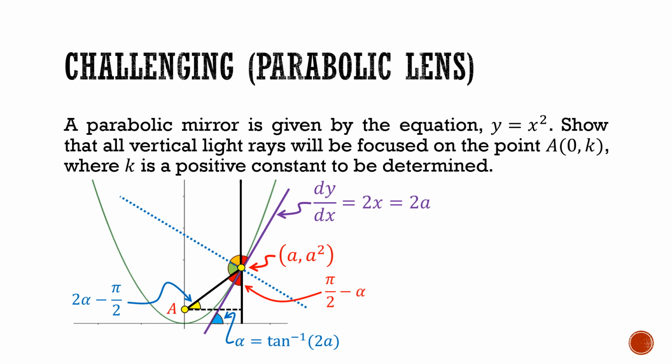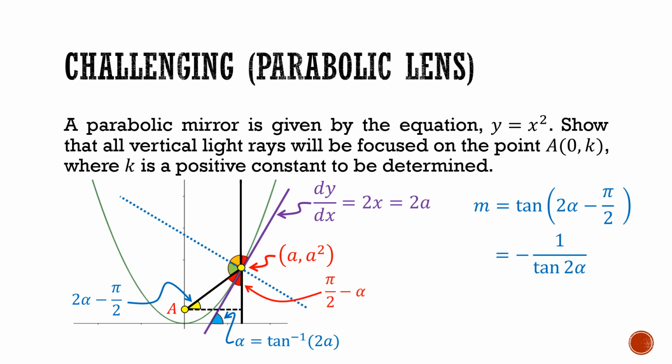Now, by taking the tangent of the yellow angle, this will give me the gradient of the reflected ray. So let's call the gradient m. m is equal to tangent of 2 alpha minus pi over 2. And I can use the complementary angle formula here to simplify this, and this will give me negative 1 over tangent 2 alpha.